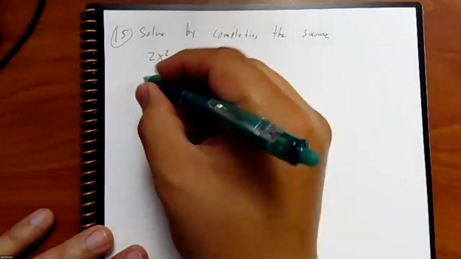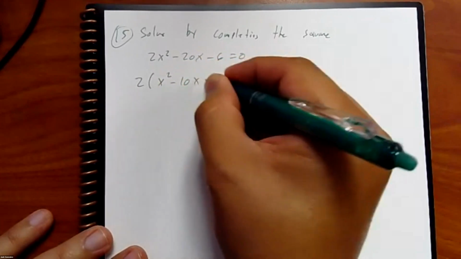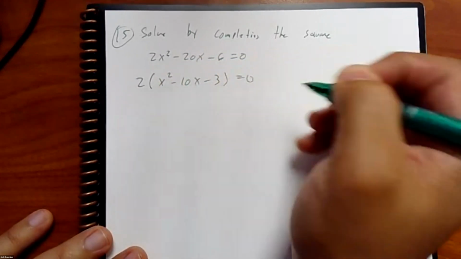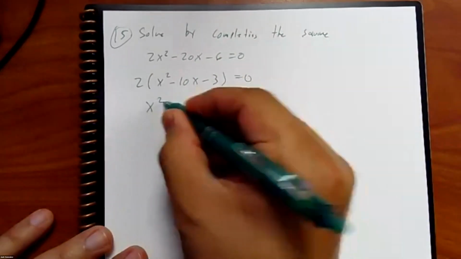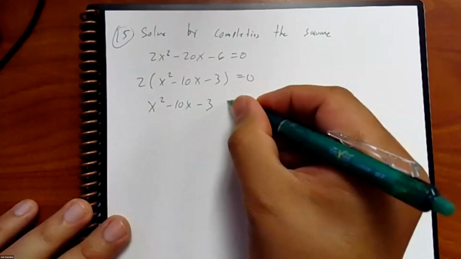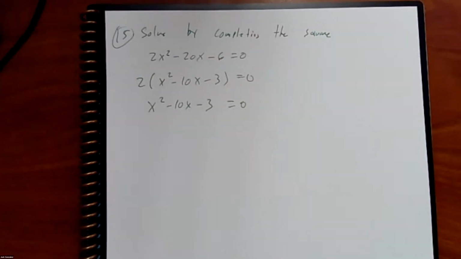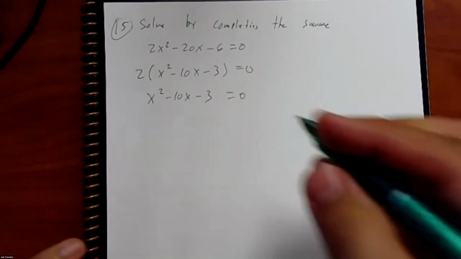Okay, factor a 2 out of every term. You can divide it out so we don't have to worry about it. So at this point, just complete the square.